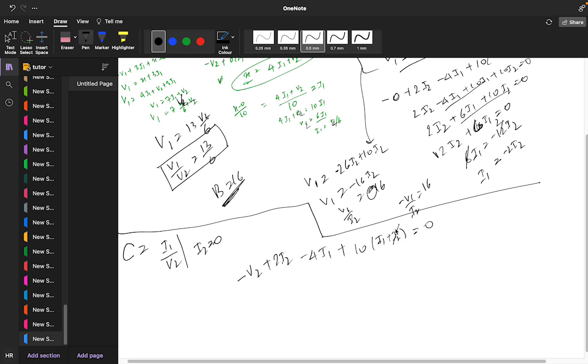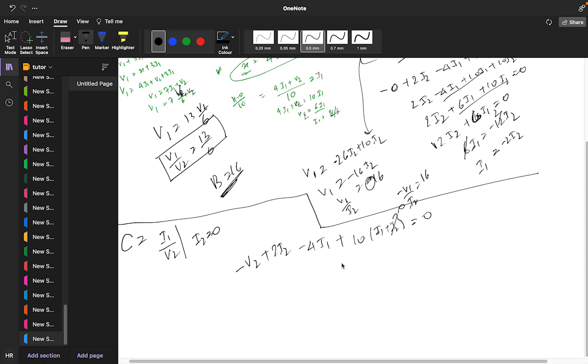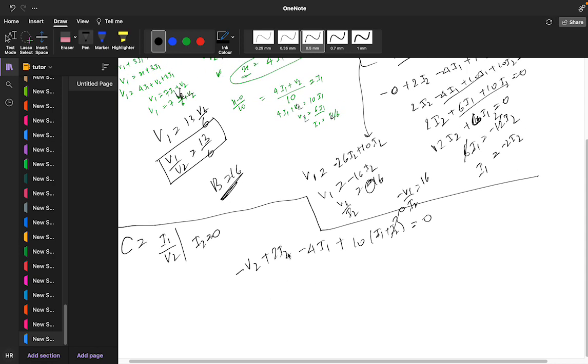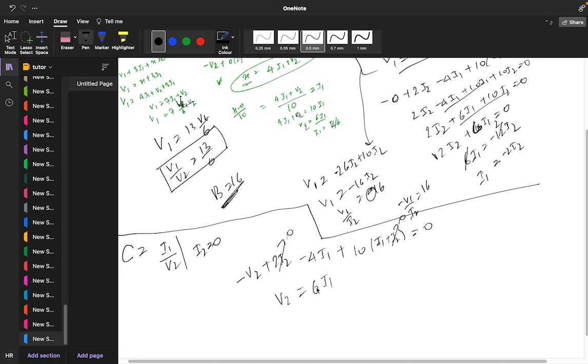But your i2 is 0, so it's 0 only. So what you are getting from here, v2 is equal to 6i1, right? v2 is equal to 6i1.